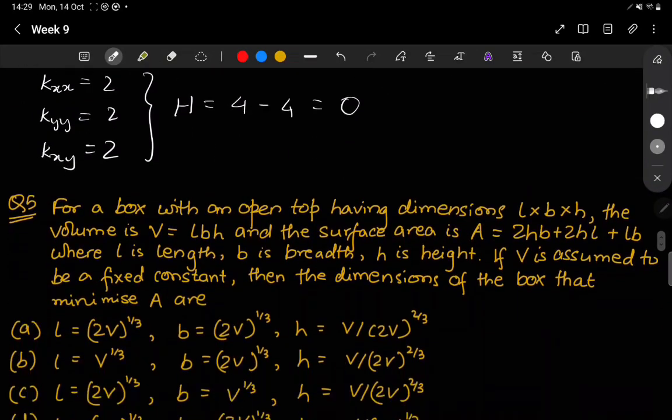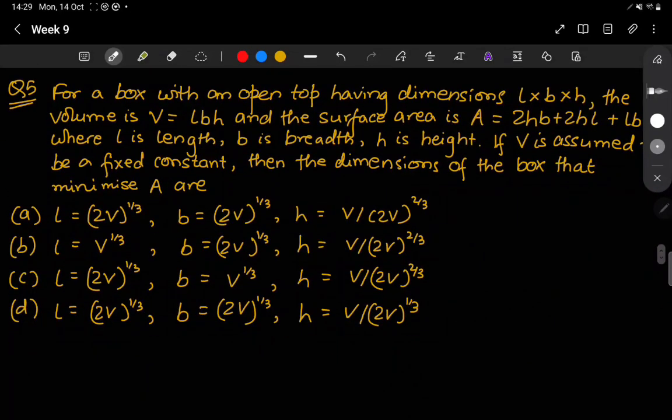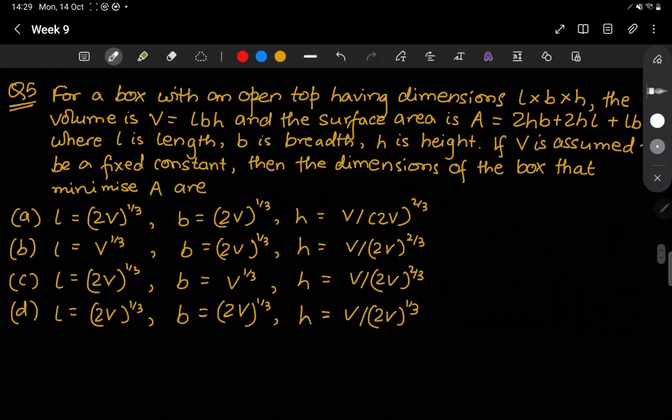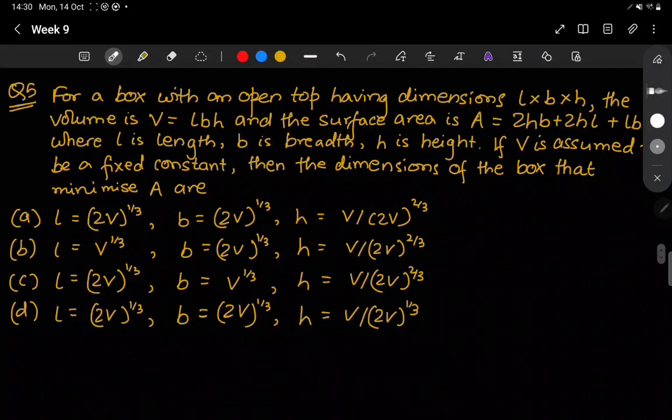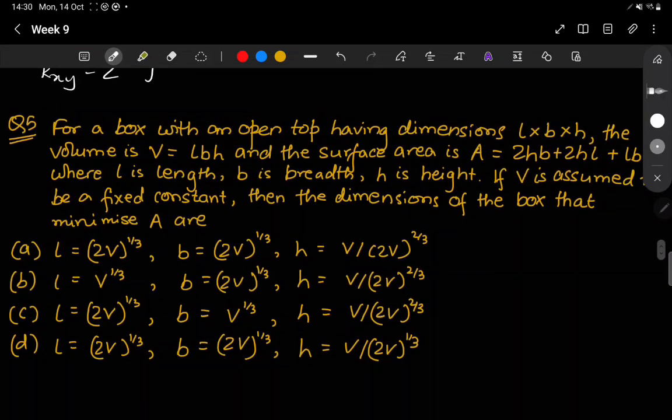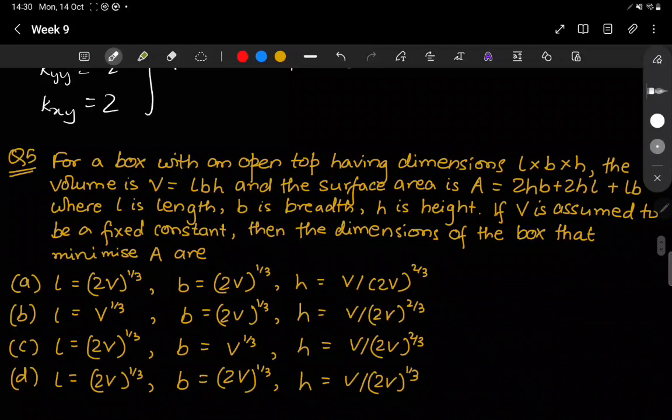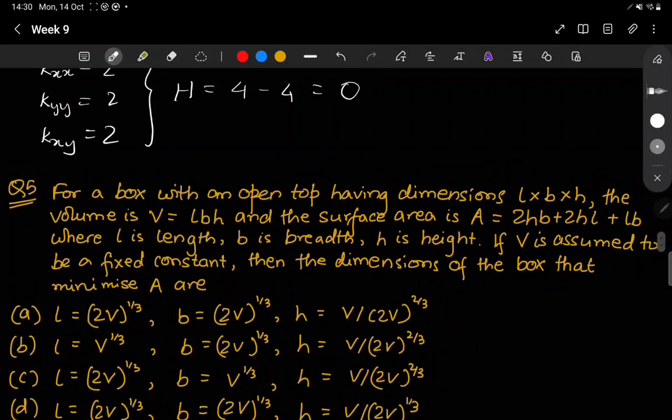Now we move towards the last question. After this we will revise what we have learnt in the previous weeks. So question number 5. For a box with an open top having dimensions L, B, H, the volume is V equals LBH and the surface area is A equals 2HB plus 2HL plus LB.